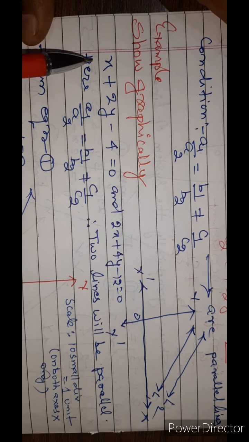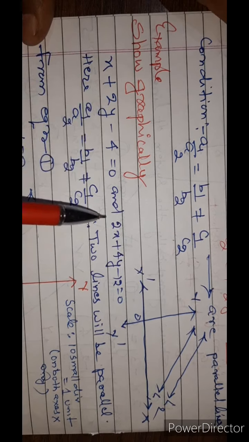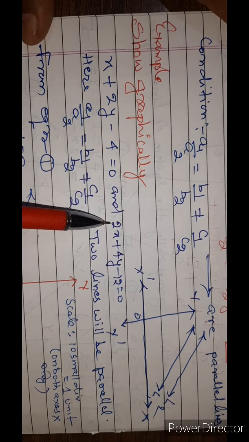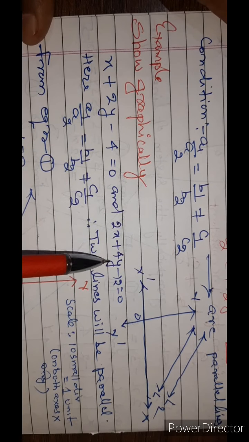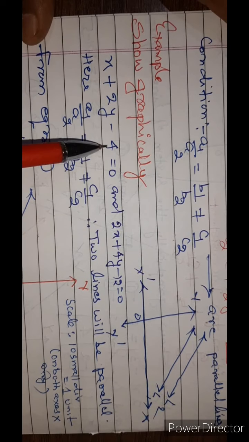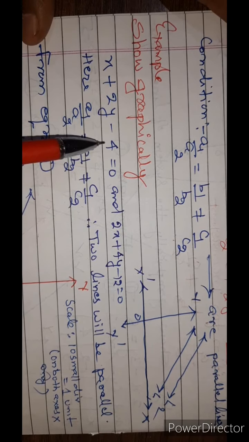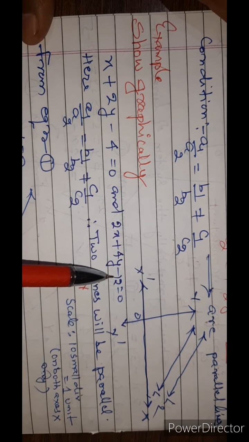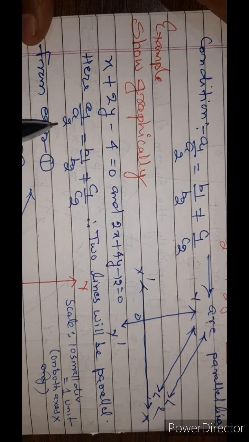How can you see this? Here is 1, here is 2, then a1 by a2 will be 1 by 2. Here is 2, here is 4, then b1 by b2 also will be 1 by 2, but c1 by c2 is minus 4 by minus 12, that is 1 by 3, not equal.